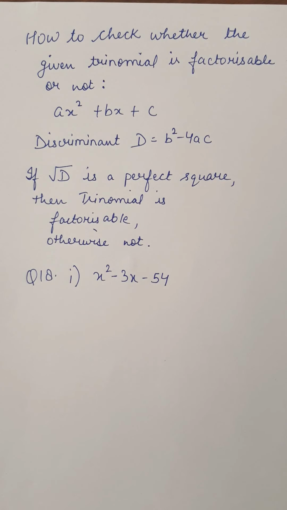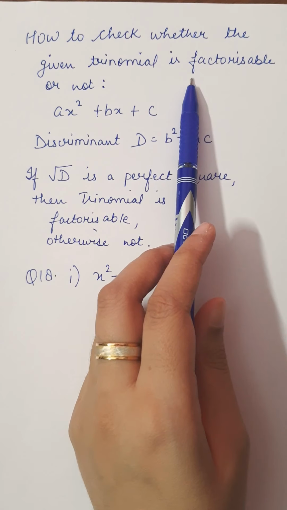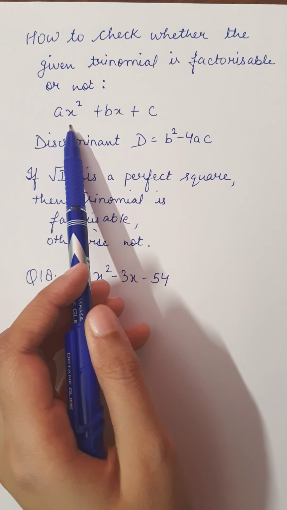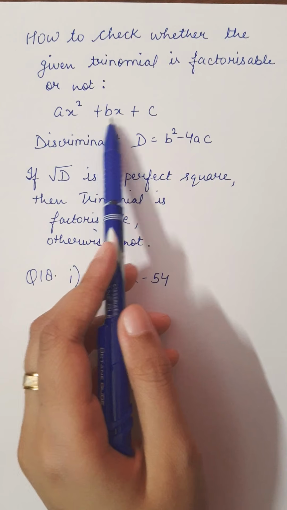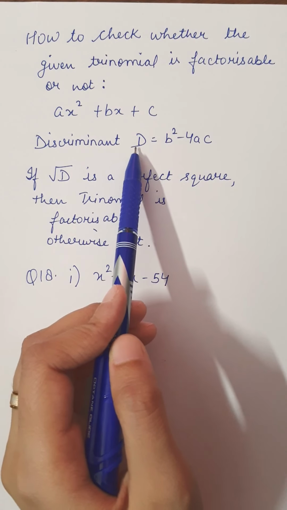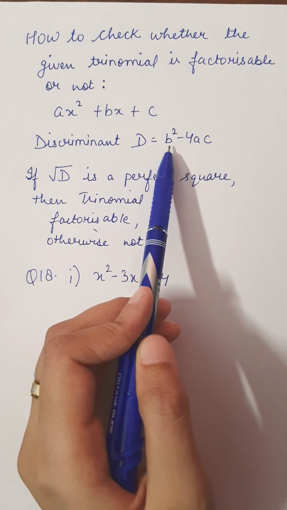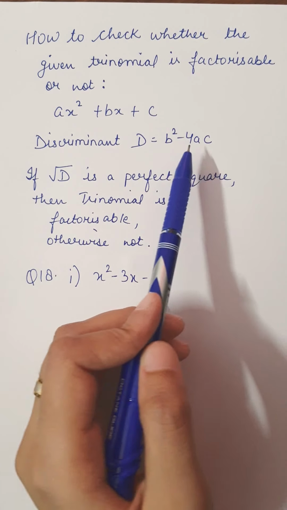Now the next topic is how to check whether the given trinomial is even factorizable or not. So first of all, from the standard form, we will pick up the coefficients with their sign: a, b and c. We will find the discriminant, denoted by capital D. The formula is b square minus 4ac.